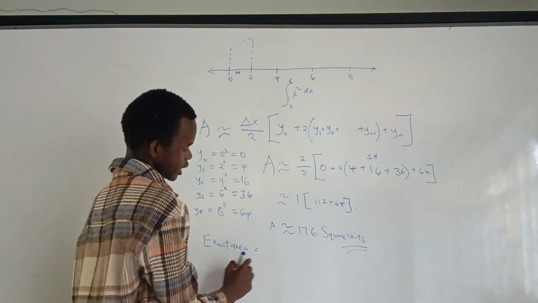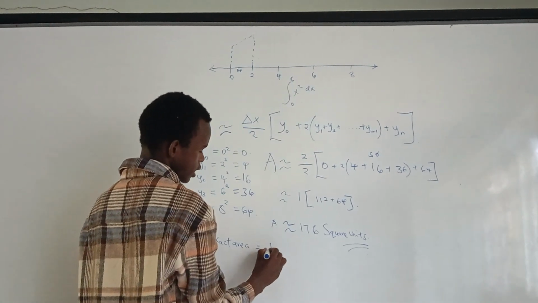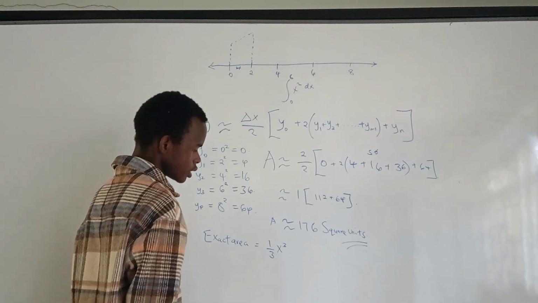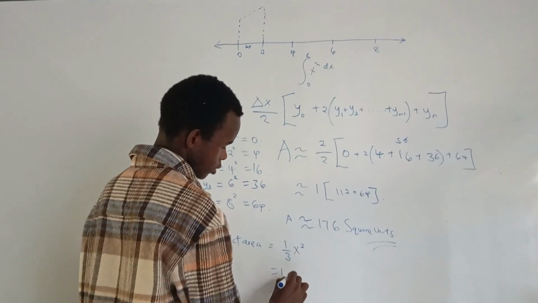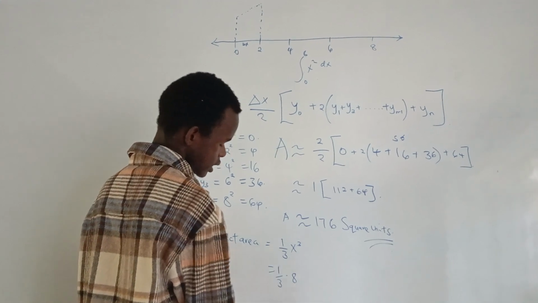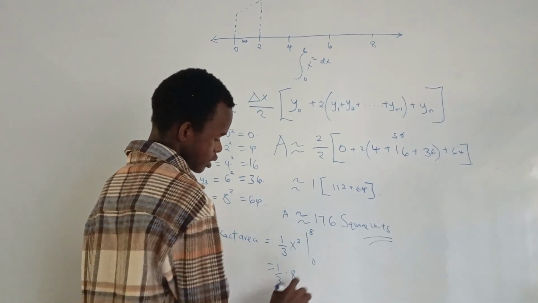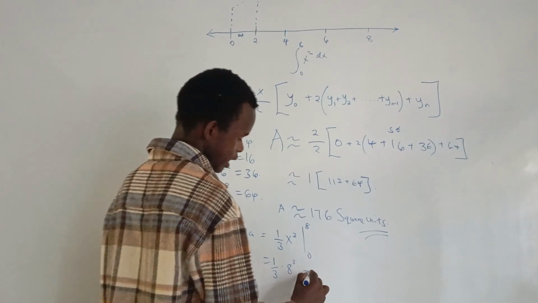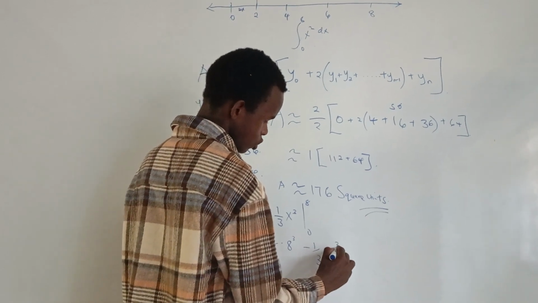So the exact area, when integrating, add the power 1, so it will be 1 divided by 3 x to the 3. So we'll say 1 over 3, placing the bounds from 0 to 8, multiplied by 8 cubed, minus 1 over 3 multiplied by 0 cubed.